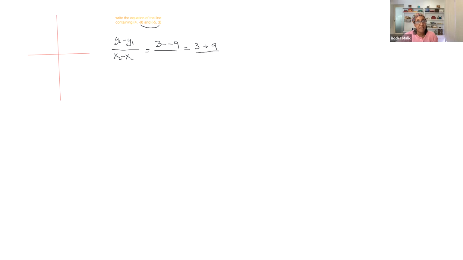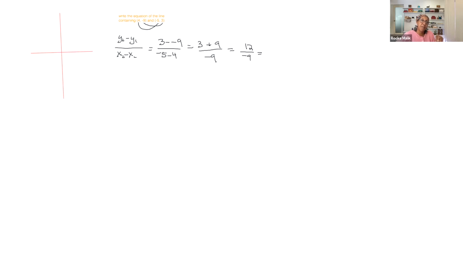And then -5 minus 4, which is the same as I am at -5 and I'm getting more negative. Adding 4, so I'm at -9. Okay, 12 over -9. I can reduce this. It's a lot of work for just the slope.